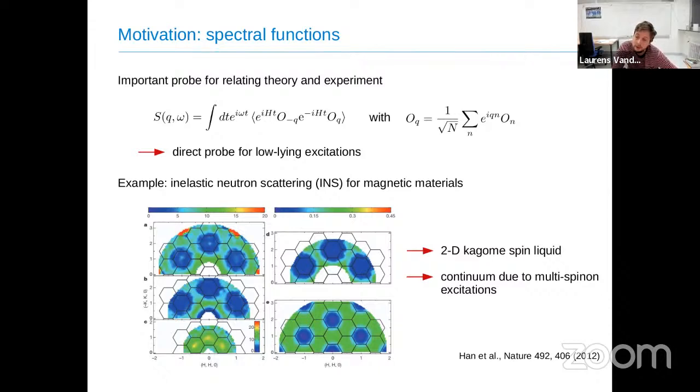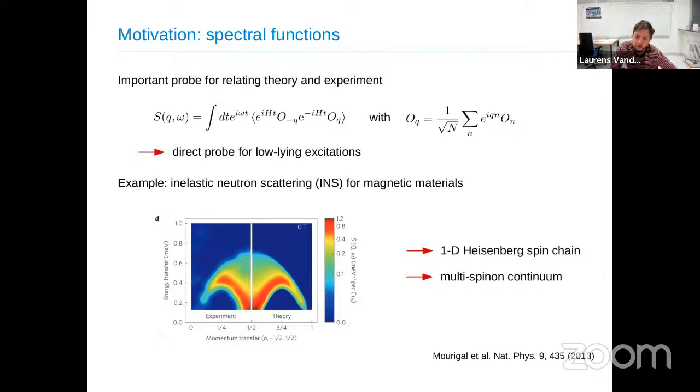You see a continuum of excitations because you always excite multiple spinons in the system. This was really the first time that they could show that the material realized some kind of spin liquid.